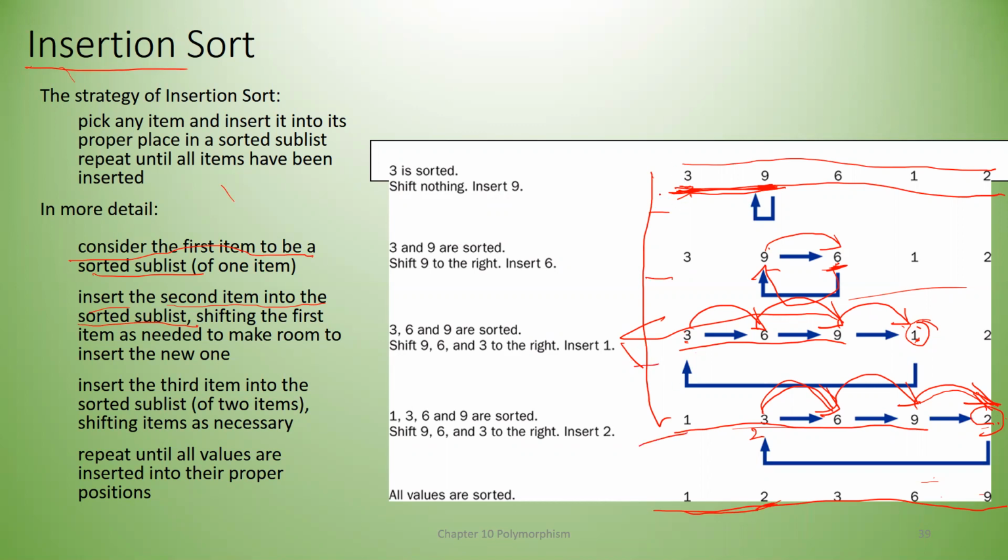Because in this insertion sort, we assume the very first element to be sorted. Remember, in selection, we assume the last element to be sorted because it's the leftover. In insertion, we assume the first element to be sorted. That's why you need to do it 4 times instead of 5. Okay, that's the insertion sort, and this is the more detailed algorithm.